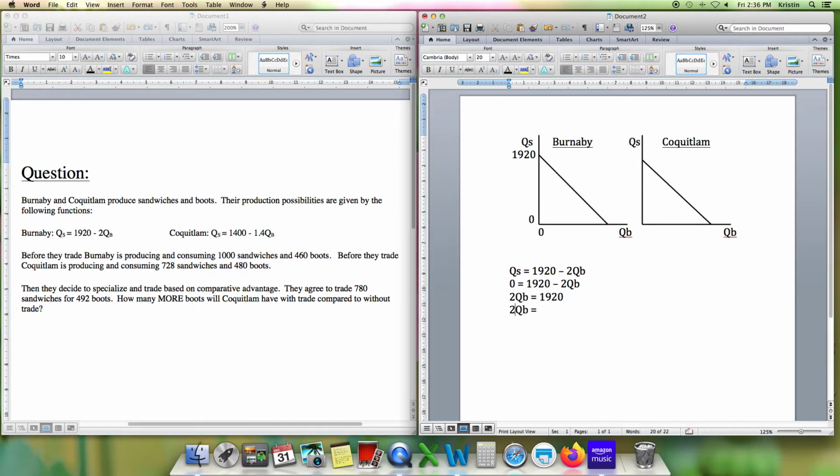The 2 and the 2 will cancel out, so we're left with QB equals 1920 divided by 2, which is 960. Good. So that will be this number right here.